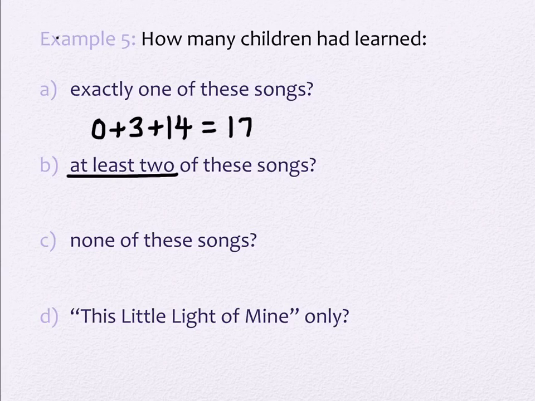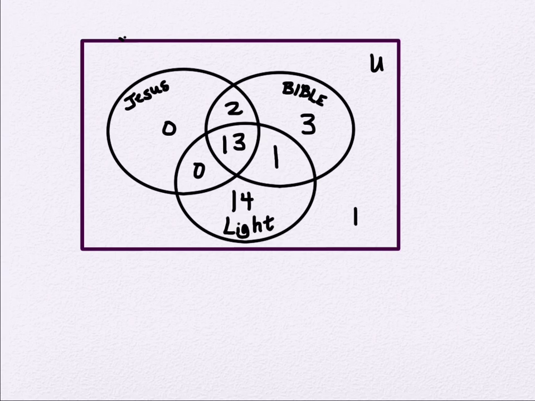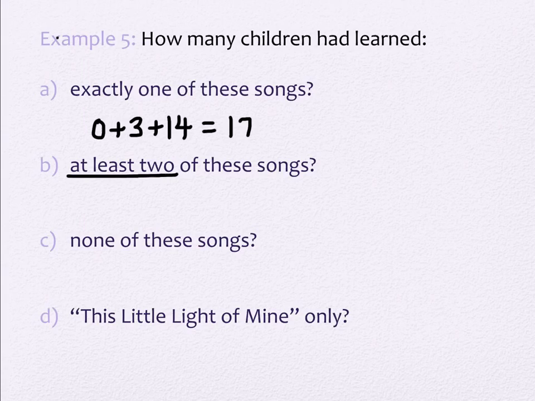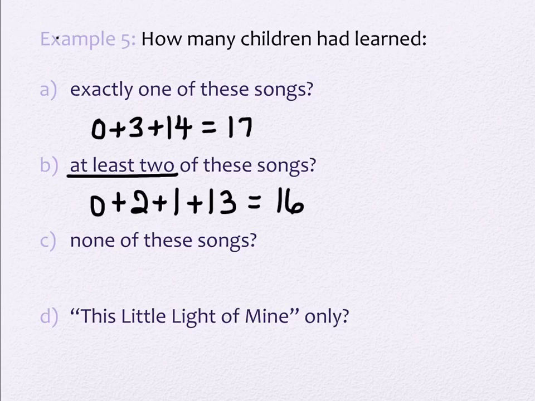How about at least 2? What is the phrase at least 2 going to mean? There's 1, 2, or more. 2 or more. So it means either 2 or all 3, right? So what are the numbers in the categories that are 2 or all 3? 0 plus 2 plus 1 plus 13, for a total of what? 16.